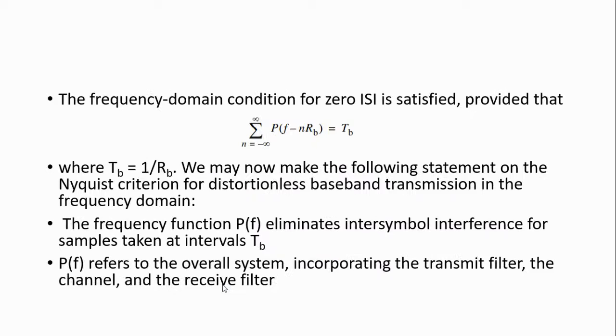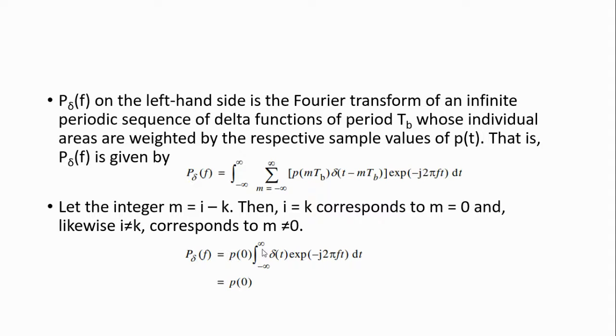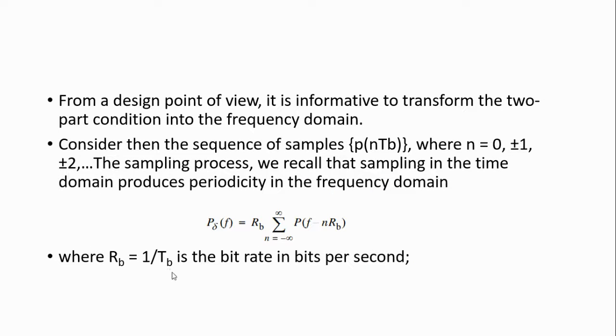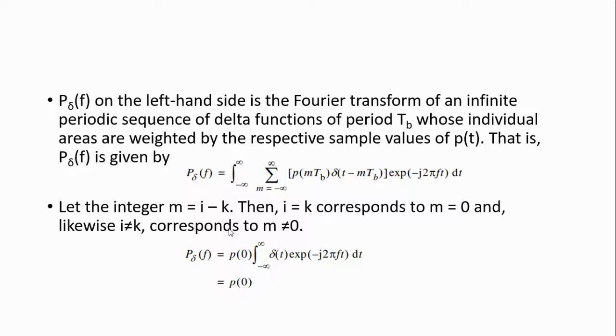We know that the maximum p(0) value is equal to 1. This is the normalization value. p(0) is equal to unity according to the normalization. So P_delta(f) is equal to 1, equal to Rb times the summation from n equals minus infinity to plus infinity of P(f minus nRb).